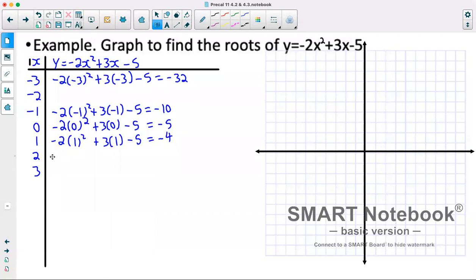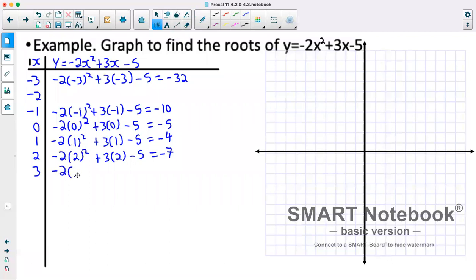Next, we have 2. So we have -2 times 2 squared plus 3 times 2 minus 5. 2 squared is 4 times -2 is -8. -8 plus 6 is -2 minus 5 is -7. We'll do 3 next.